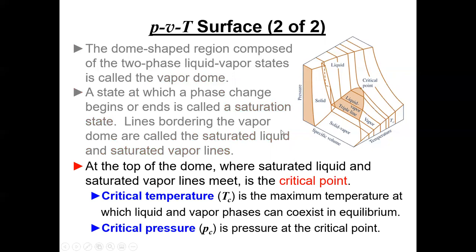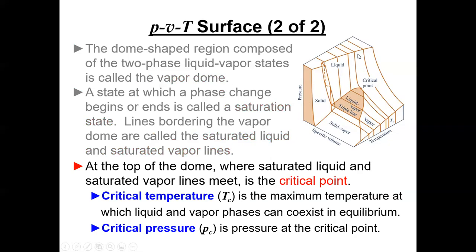At the top of the dome, where the saturated liquid and saturated vapor lines meet, is the critical point, right up here on top. Critical temperature is the maximum temperature at which liquid and vapor phases can coexist. At a temperature above that, we usually say it's just a fluid.